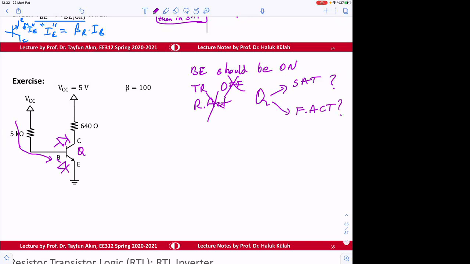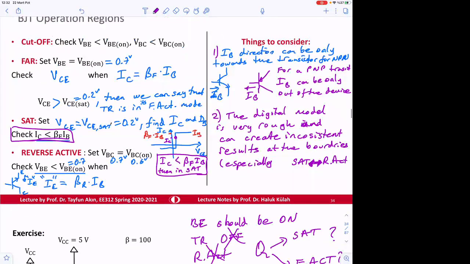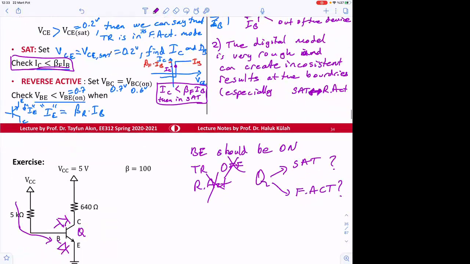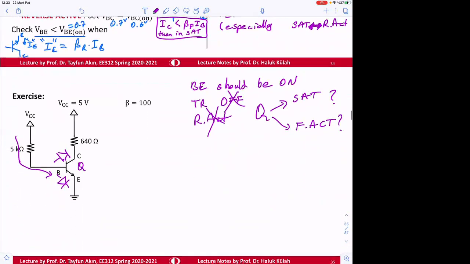We will assume one, let's say forward active, and check these conditions mentioned in the previous version. Okay, and that's how we will be determining the state of the transistor. So this junction is on for sure, this one we don't know, and depending on that, it's going to be either in SAT or forward active.